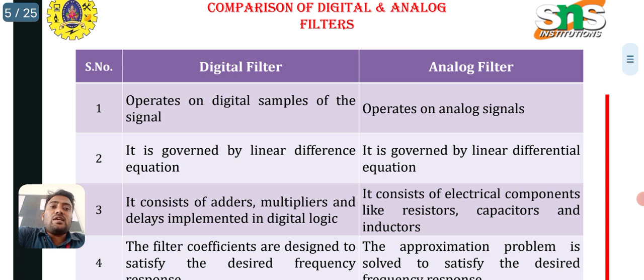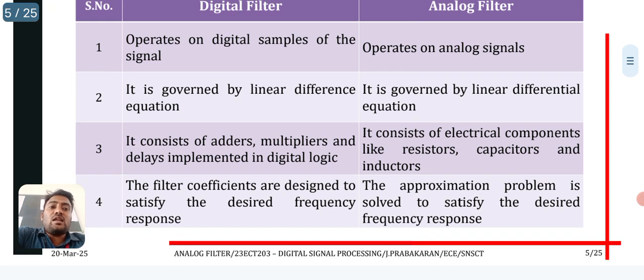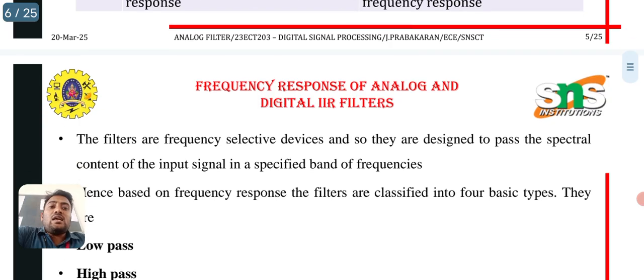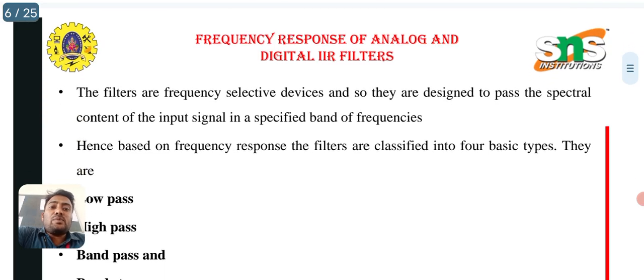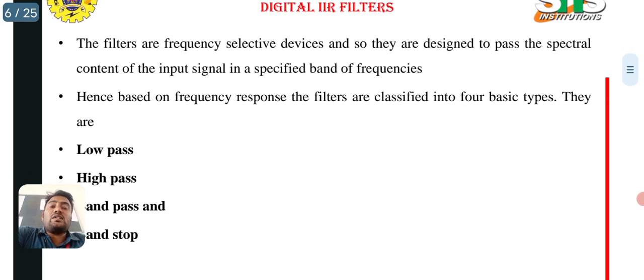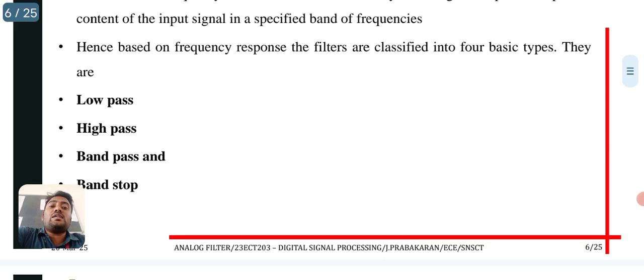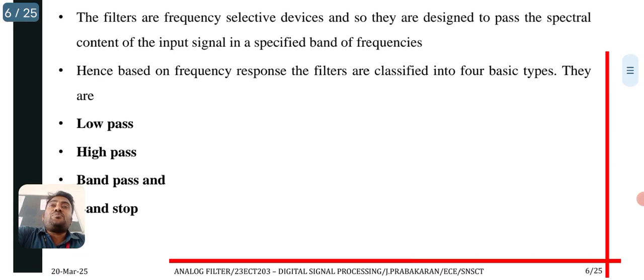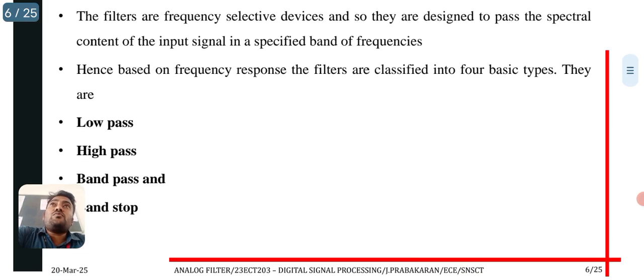We have already discussed the comparison between analog and digital. The frequency response of analog filters is classified into four types, that is low pass filter, high pass filter, band pass filter, and band limit filter. In low pass filter, the pass band frequency, that is the allowable frequency, is low.